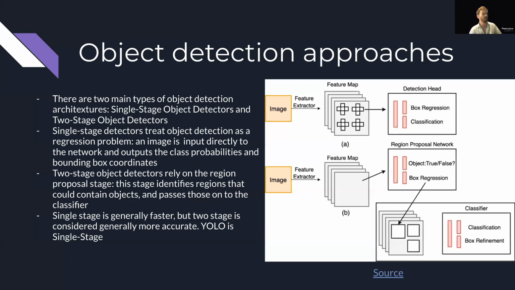A 2-stage object detection relies on the region proposal stage. This stage identifies regions that could contain objects and then passes those on to the classifier. So it takes from the feature map, proposes the regions, and then uses that to make the classifications. Single stage is generally faster, but 2-stage is considered generally more accurate. YOLO is single stage.